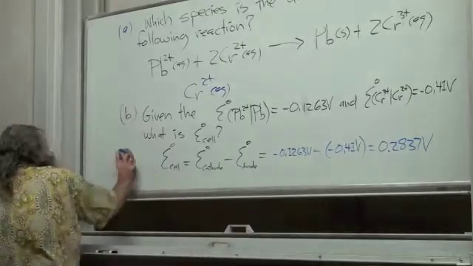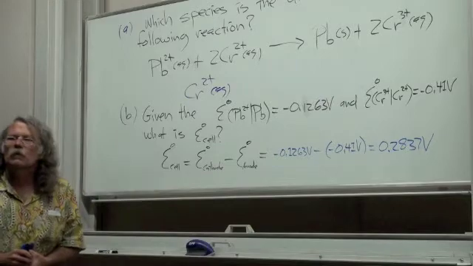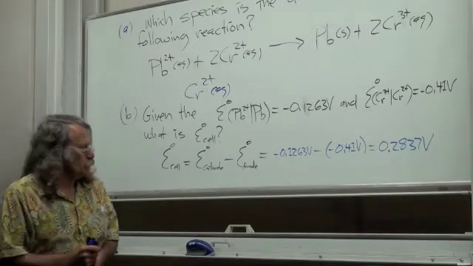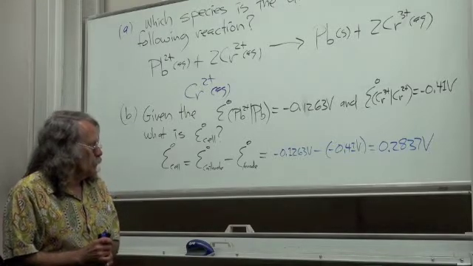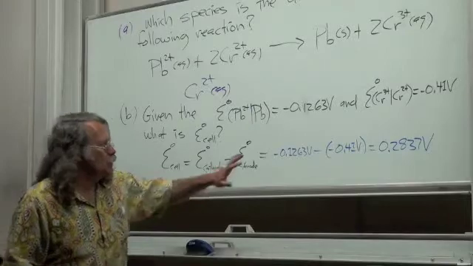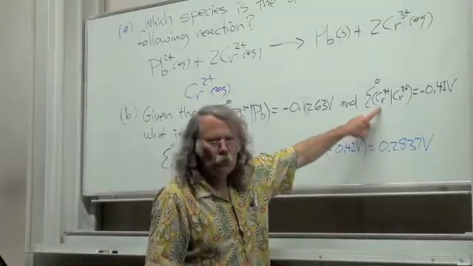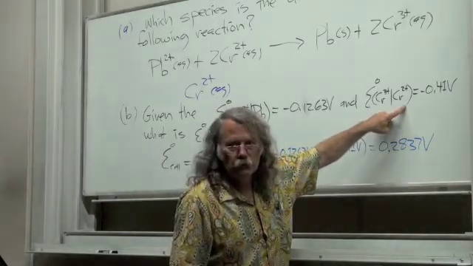Okay, and that answers B. Why is it written Cr3+ to Cr2+ when in the actual equation it goes Cr2+ and then the product is Cr3+? Because in this notation, I have the oxidized form first and the reduced form second. It's written as a reduction.